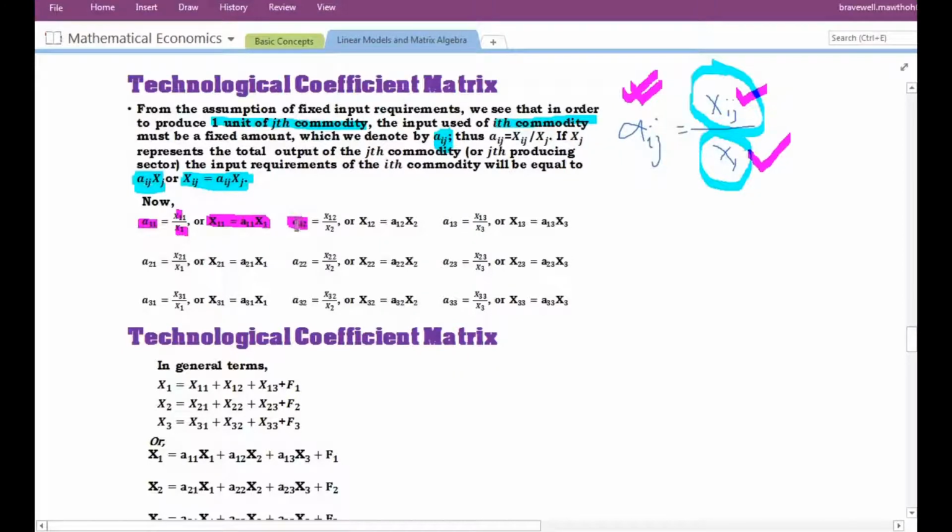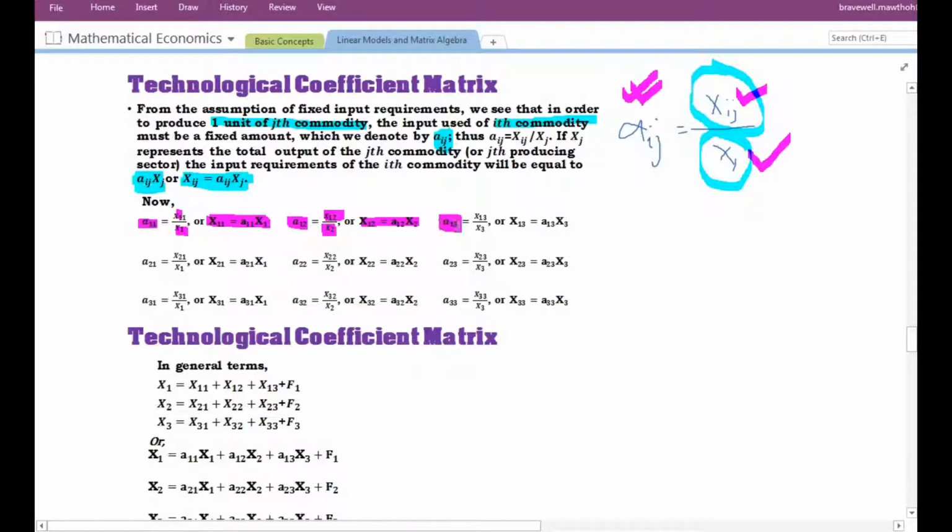A12 is the fixed amount of input of the first industry which is to be used in the production of the second industry, and it is obtained by dividing the units of goods of the first industry used as input in the second industry by the output level of the second industry, or X12 is equal to A12 times X2.